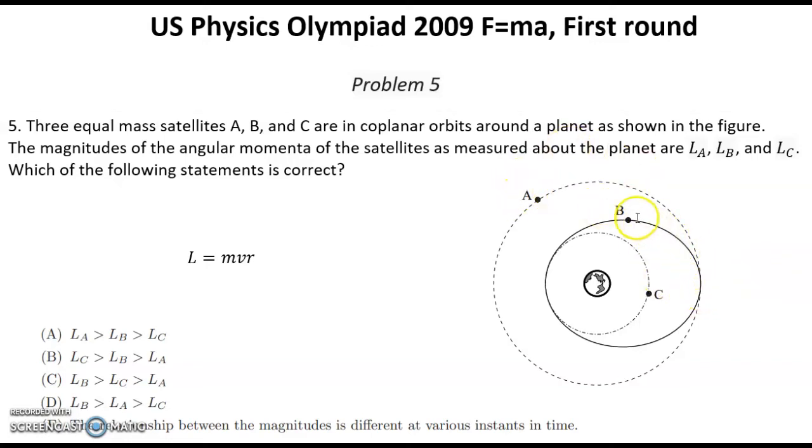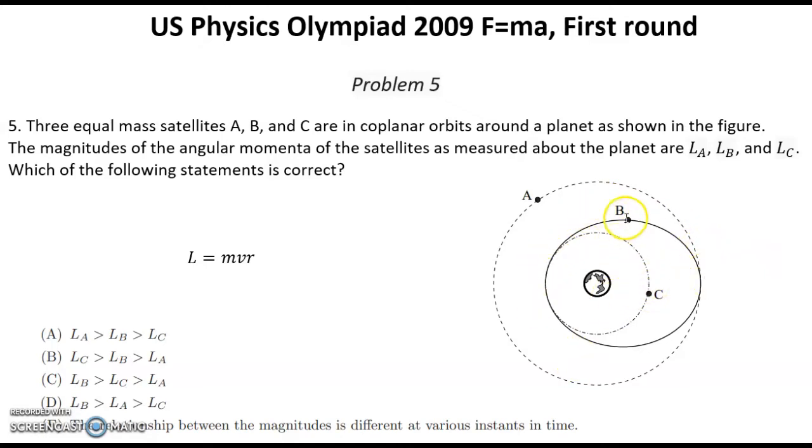Now let's compare the angular momentum of satellites B and C. But now we can choose this point. In this point, the velocity of C is related to the circular orbit of satellite C, but satellite B has a greater velocity because its orbit is an ellipse, which is greater than this circle.